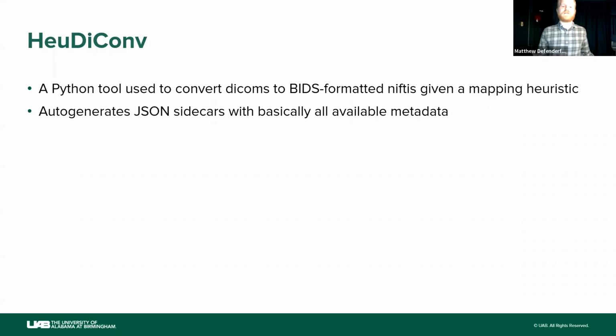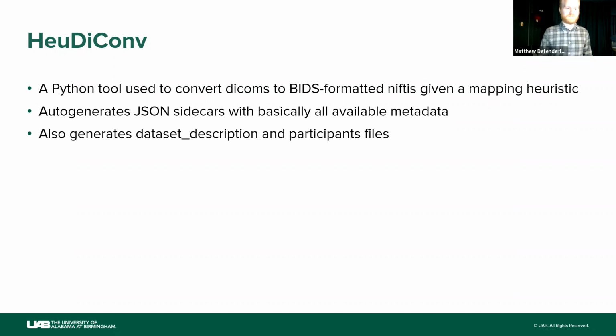It auto-generates all the JSON sidecars with basically all available metadata. This is why I didn't include a list of required metadata, because this tool grabs pretty much all metadata, and you don't have to do anything to do that. It makes it much easier than manually grabbing the correct metadata and including it in JSON files.